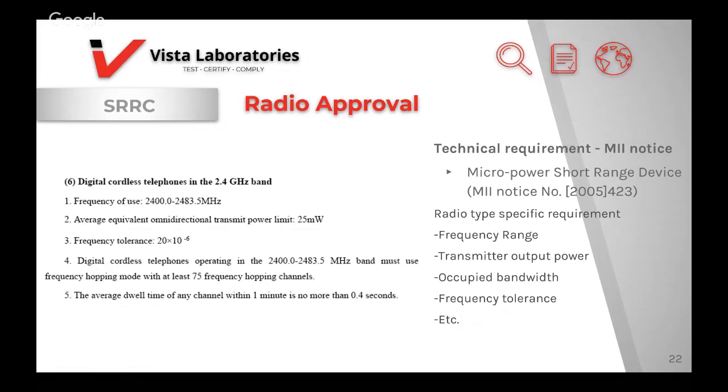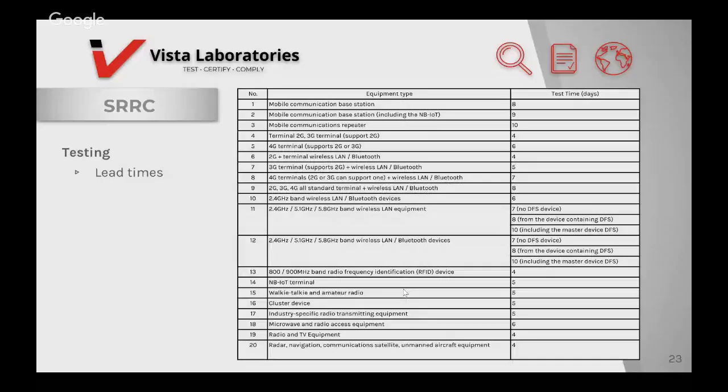So in the technical regulations and the notices, it also consists of the radio-specific requirements such as frequency range, transmitter output power, occupied bandwidth, and frequency tolerance. So the lead times for the testing, you see a table here.